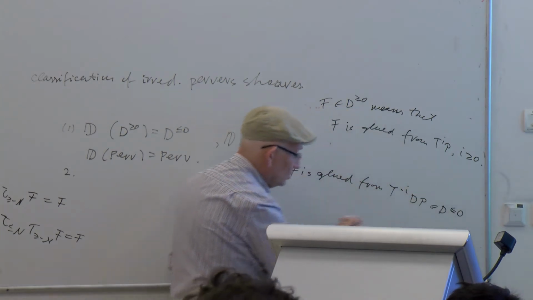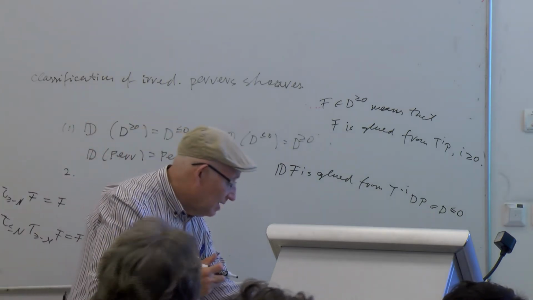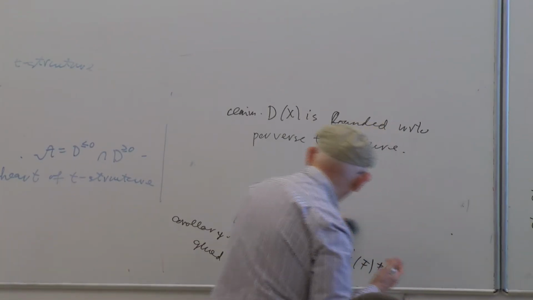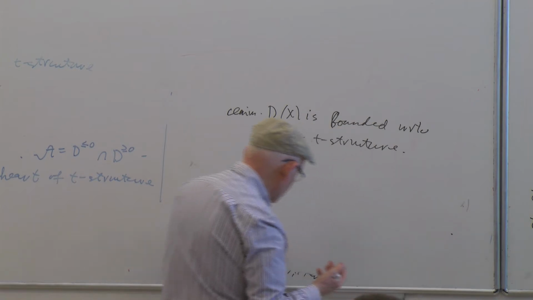And conversely. Okay, so we often will use the fact that any f is glued from its cohomologies. Cohomologies are perverse cohomologies. That's important.